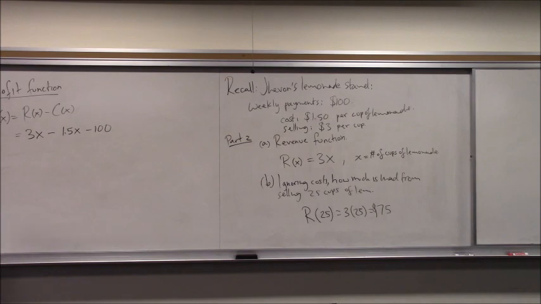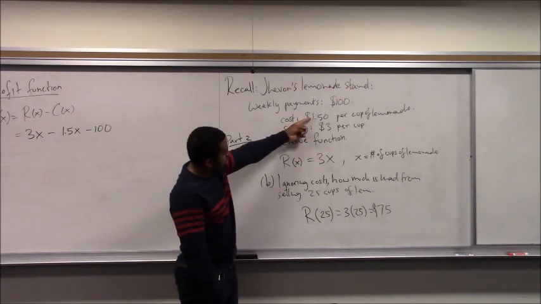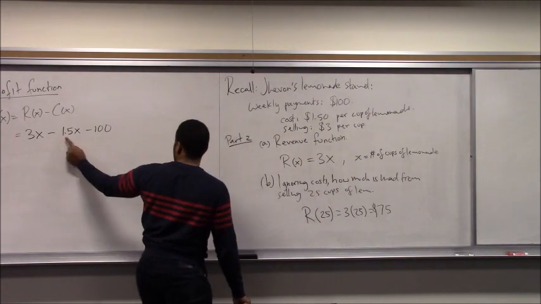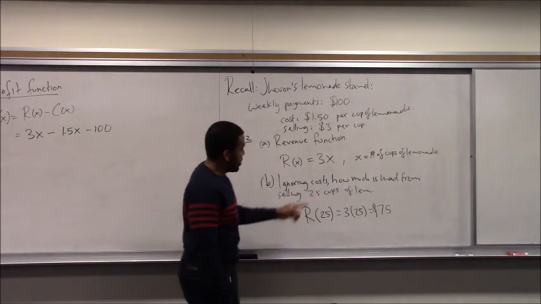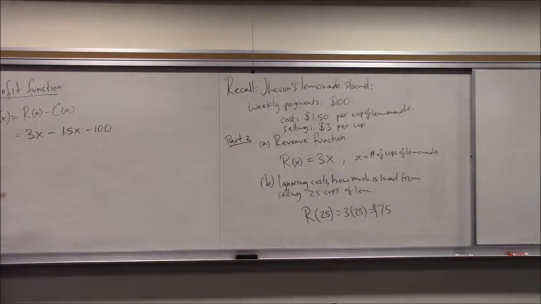So that's my profit. There is a flat fee that I'm paying of the 100. I'm also losing $1.50 for every cup of lemonade I make. If I'm making x cups of lemonade, I'm losing 1.5x, and I'm bringing in 3x. So that's my revenue, and these are my costs.